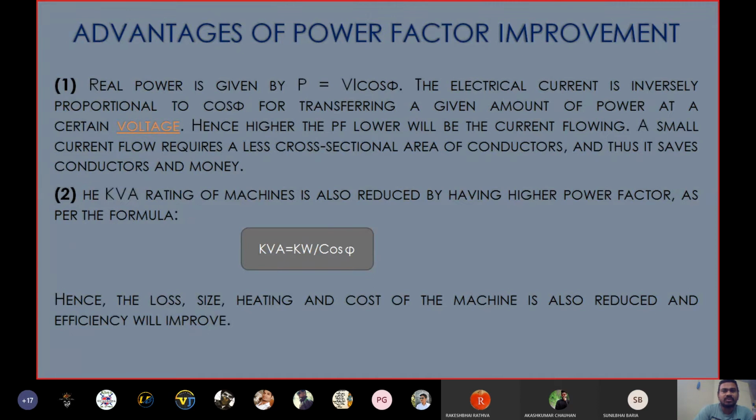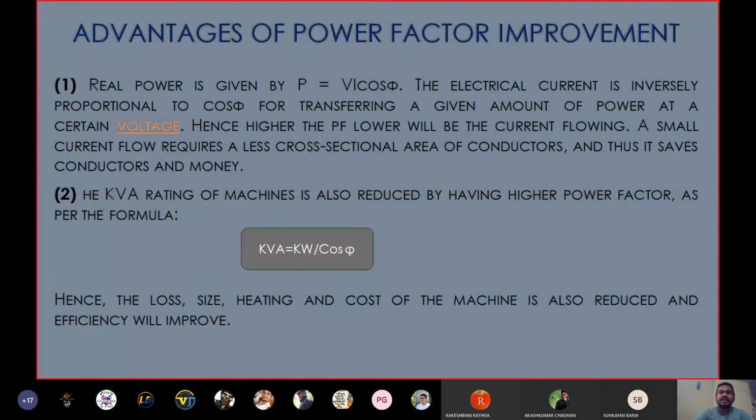Generally the real power P is equal to VI cos phi, so I is equal to P divided by V cos phi. So current is inversely proportional to cos phi, the power factor.